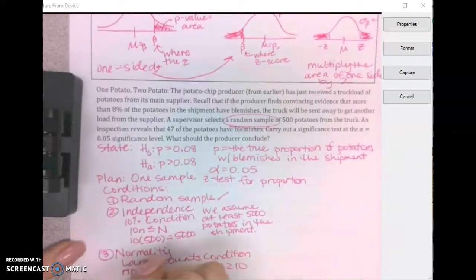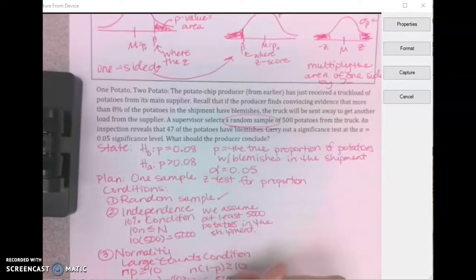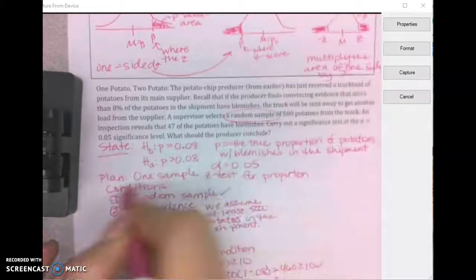We have 500 times 0.08 is equal to 40, which is greater than or equal to 10. And then we have 500 times 1 minus 0.08 equals 460, greater than or equal to 10. So it is approximately normal. Okay. So we have stated, we have planned.